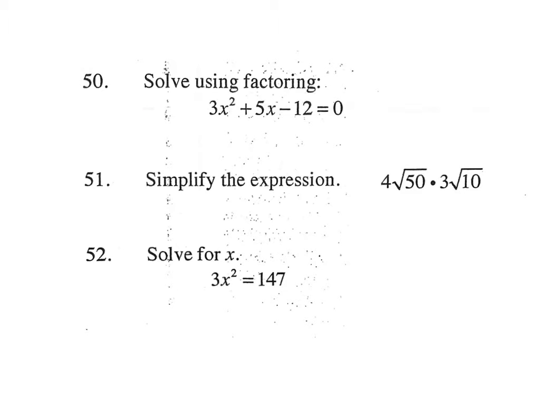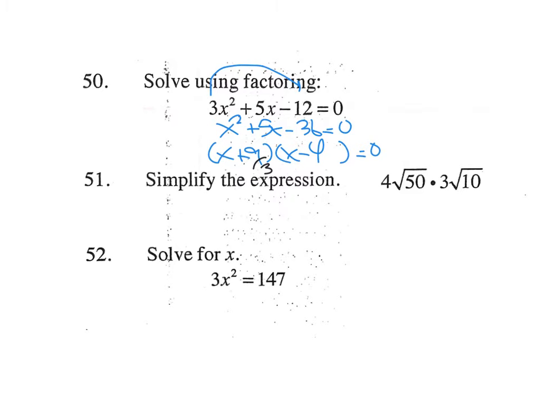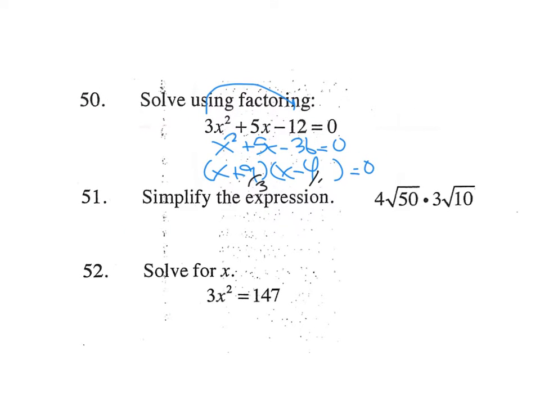More. Solve using factoring. Now this is going to be slide, divide, slide. Moving the 3 over there, slide it. That gives me negative 36 when I slide it. Now because you have a 1 in the front, we're going to factor. So I'm looking for factors of 36 that have a difference of 5, which is plus 9 and minus 4. After you slide, now I'm going to divide by the same number I slid. I'm going to divide both numbers by 3.